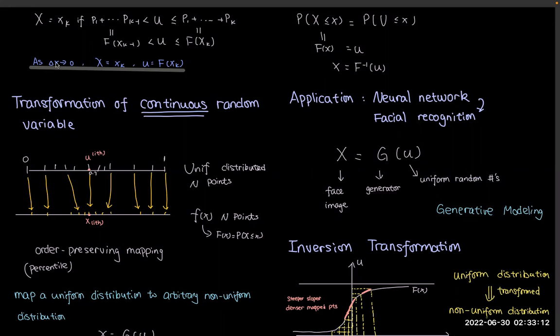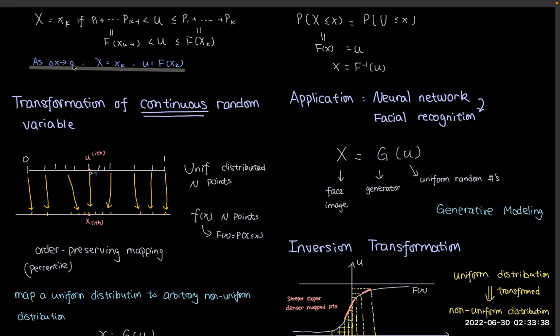But if we let delta x go to 0, so we want our bin to be finer and finer, then we return x equal to xk here. If the bin size is very small, then practically we have u equal to F(xk), because these two are essentially the same. The difference becomes smaller and smaller. So we have u equal to F(xk) in the limit of delta x going to 0.